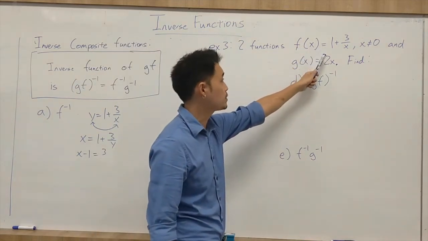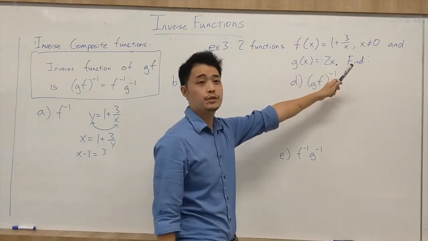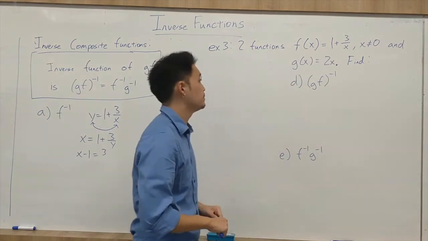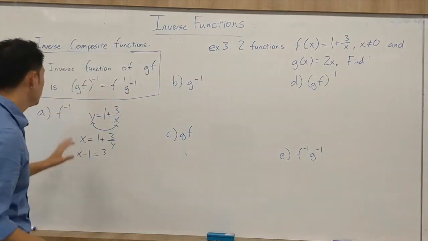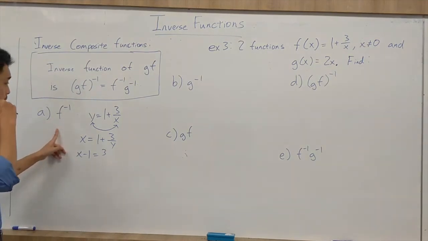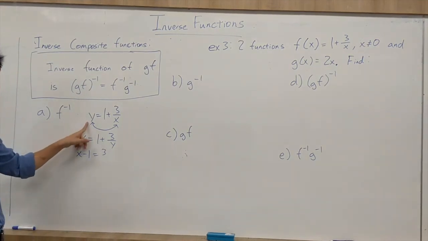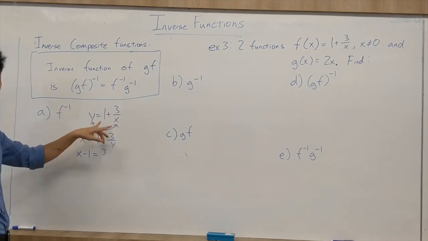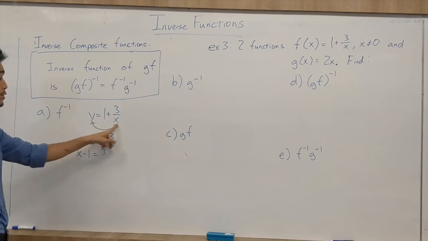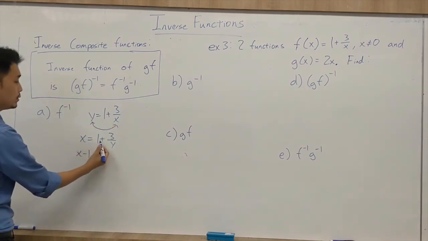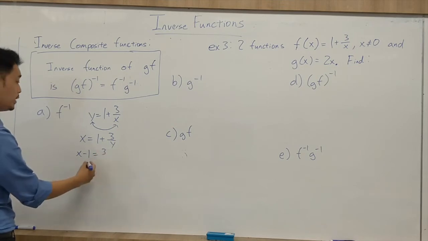We have two functions, f of x equals 1 plus 3 over x, and g of x, which equals 2x. And we're going to find all these things. Let's start with finding the inverse of f. So in order to do that, of course, we set up the original function, and then we just swap the x's and y's, right? So here's the original function. We'll swap the x's and y's, so we end up with x equals 1 plus 3 over y.